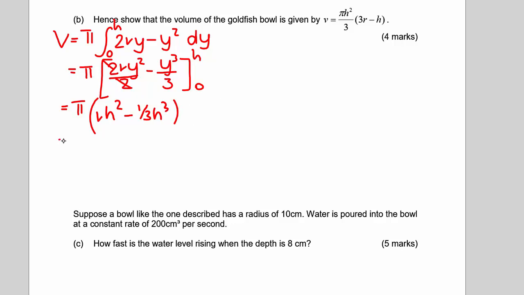The 0 bit doesn't apply to us. Pulling out an h squared and a 3, because I know where I'm getting up to. Okay, that's pi h squared over 3 times (3r minus h). And just check it does work for your formula. But it does. And there we go.